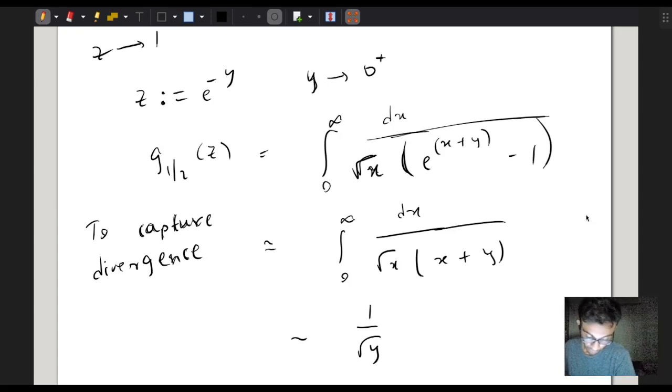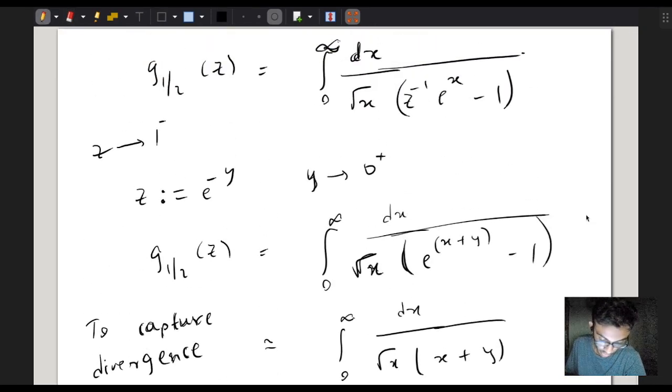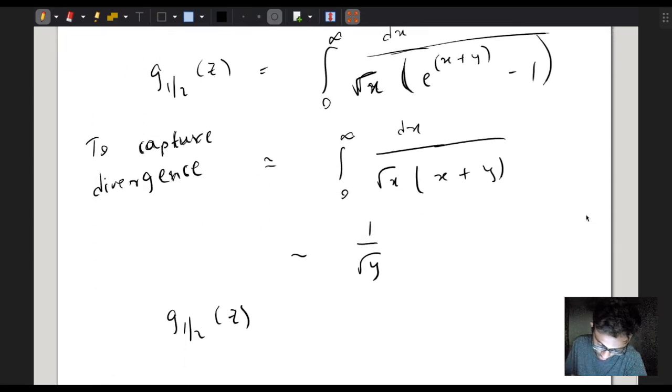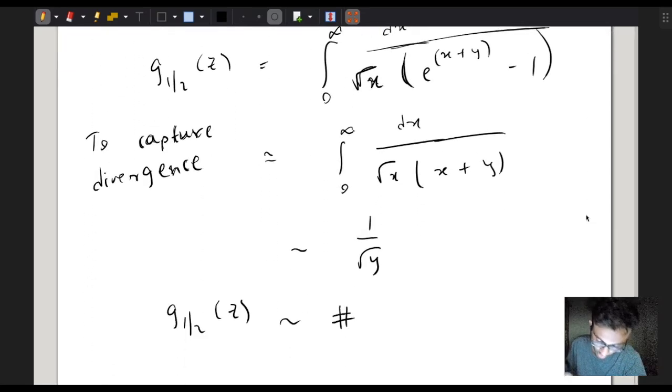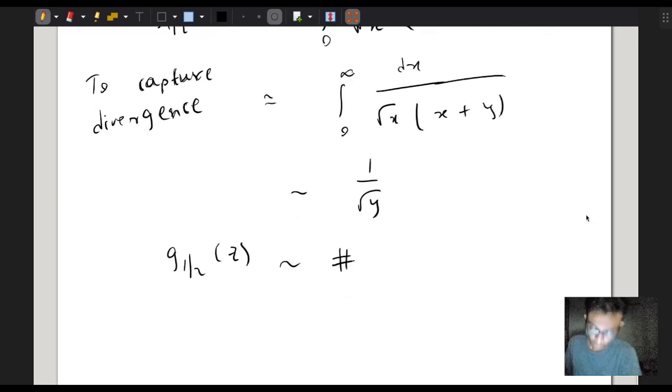And so g 1 by 2 of z, going back to the original function, goes as some constant times, we're interested only in the divergence, so remember y is minus log z. So it's 1 by square root of minus log z.